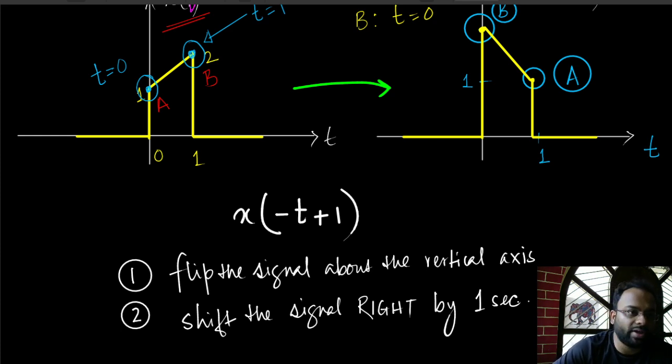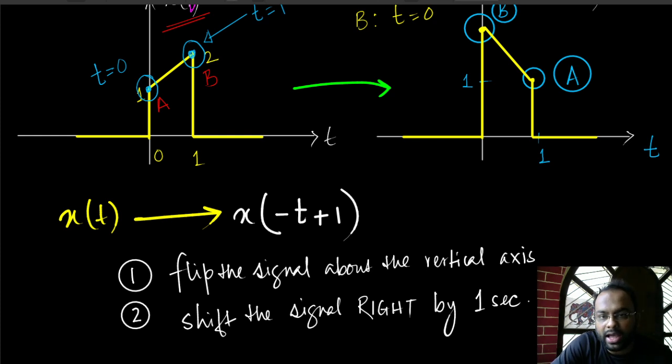So do tell me if you can follow this, right? So we had x(t), from x(t) we wanted to get this, and these are the operations we followed. We flipped the signal about the vertical axis and then we shifted the signal right by 1 second.